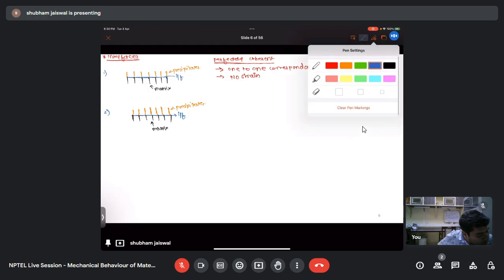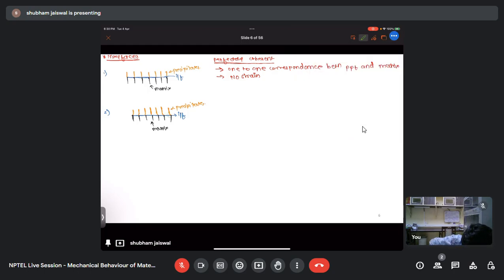Here you can see this small strain. The small strain is associated with it. So this type of interface is known as coherent interface with strain.